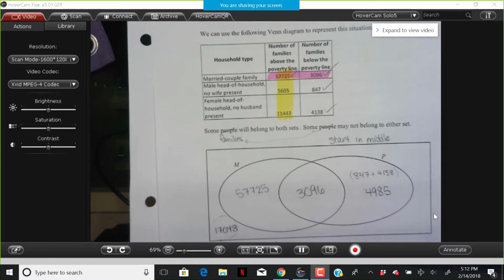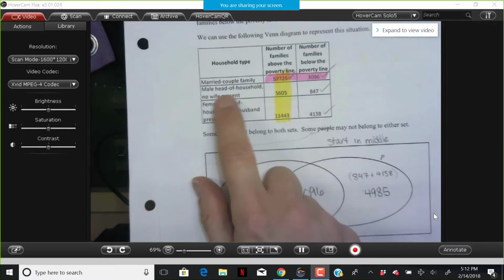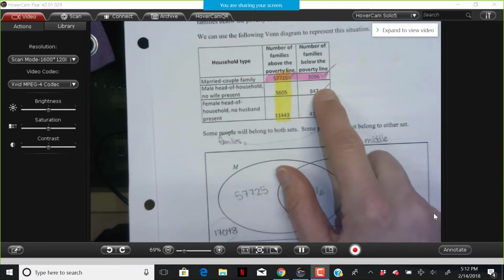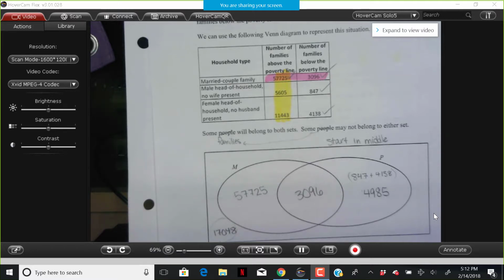Like if I look back here, is it possible for me to select one household, one family, and get male head of household and below the poverty line? Yeah, because there are male head of households below the poverty line. So those would not be mutually exclusive, because I could have both things happen within one family, okay?